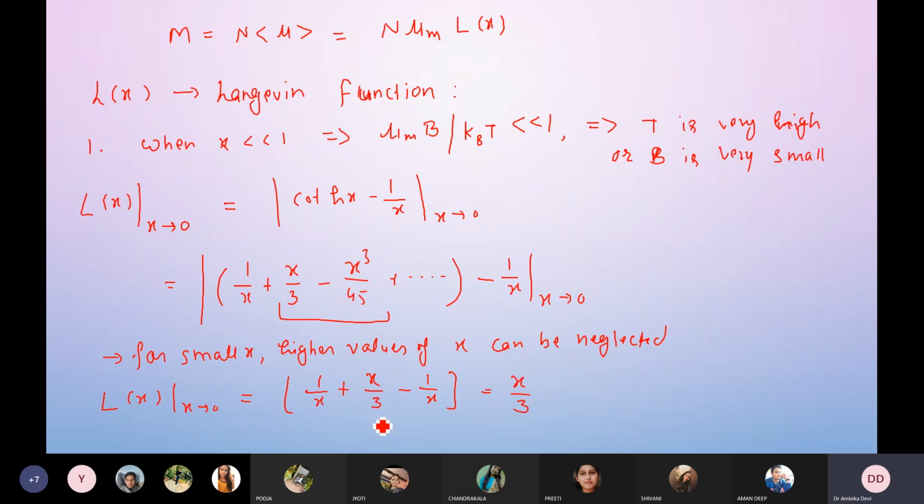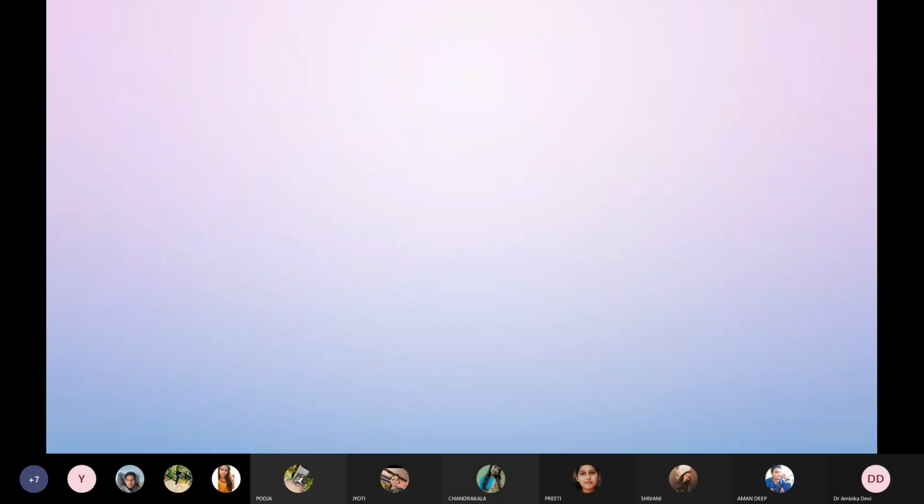So we can say that the Langevin function, when the temperature is very high or the magnetic field is very small, is equal to x divided by 3. L(x) when x approaches 0 is equal to x by 3.